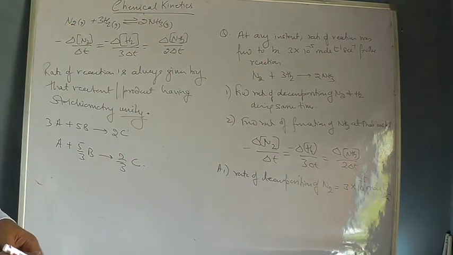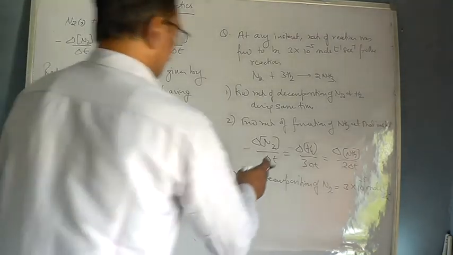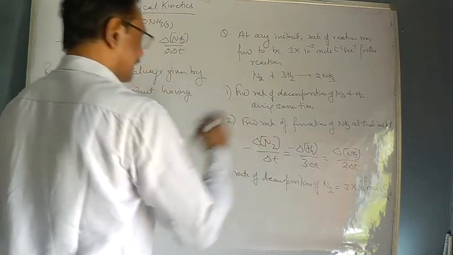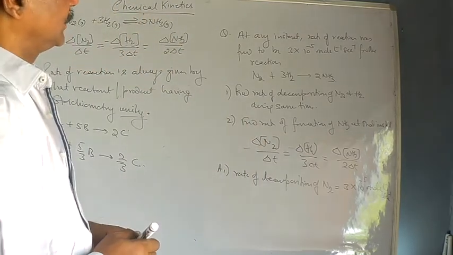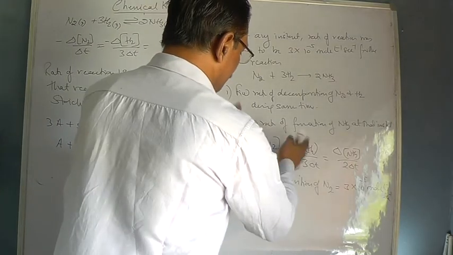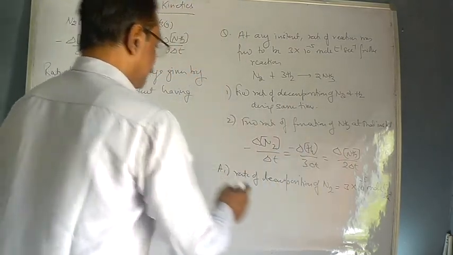Once we have the rate of decomposition of nitrogen, we are going to equate these two expressions to get hydrogen also. Class, I have already told you that rate of reaction can never be negative. So while finding the rate of reaction, we will never use this negative sign. Just forget this negative sign.